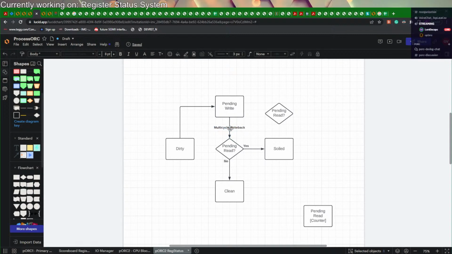So if you get a multi-cycle write back, you'll decide whether or not you're going to pending read, yes or no. Either you go to clean or you go to soiled.